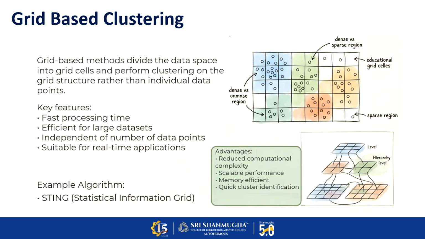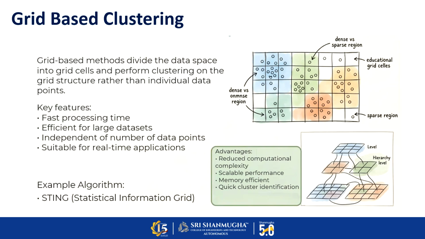So now let us see the definition. Grid-based methods divide the entire data space into a finite number of rectangular grid cells, forming a grid structure. Clustering is then performed on the grid cells rather than on individual data points. So how does it work? The data space is partitioned into a grid, like a spreadsheet of cells.